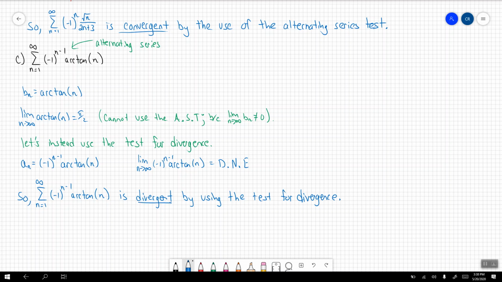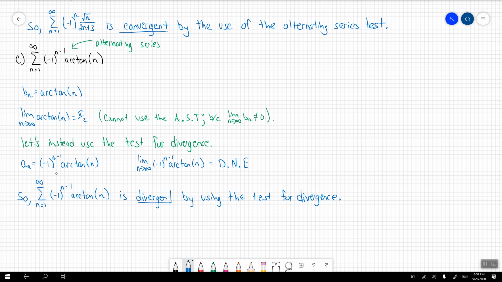So again, as you started analyzing, this is an alternating series, so maybe I can go to the alternating series test. Notice that the alternating series test gets you at an impasse because the limit is not 0. That doesn't mean it diverges, but it hints that you might want to use something else. So instead, we test for divergence and use the overall function, not just the piece that's not alternating.